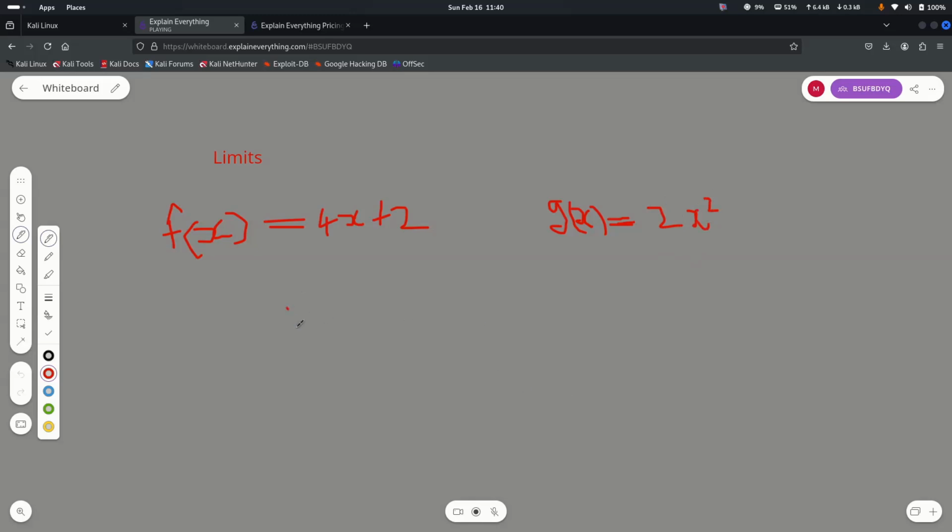Then we are given a problem to solve: f of g of x. It's just a reminder. We are going to take the equation of f, which is 4 multiplied by x.